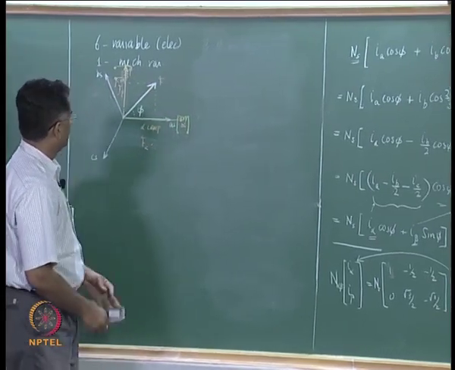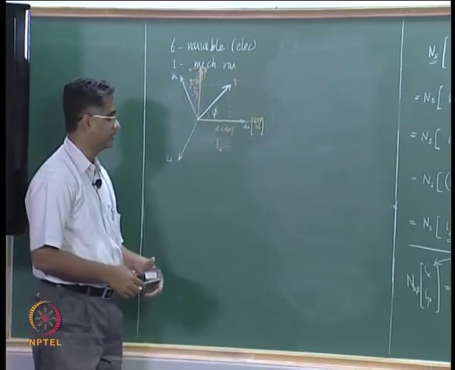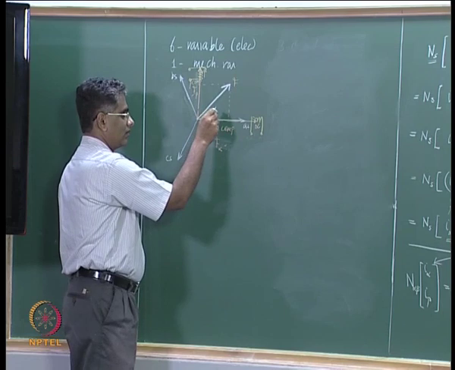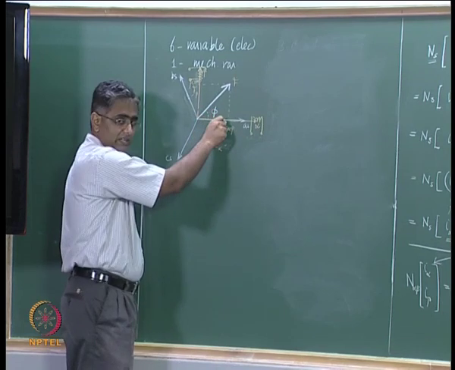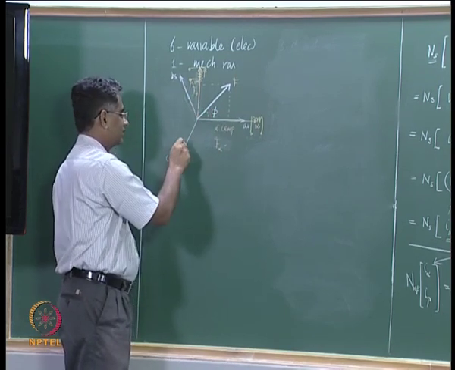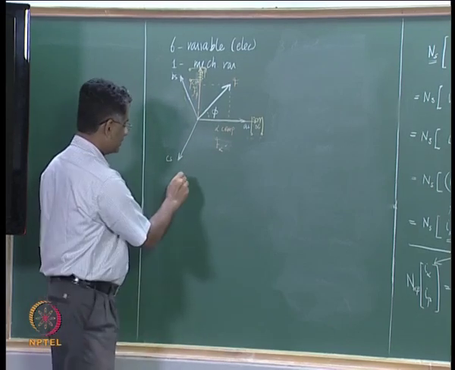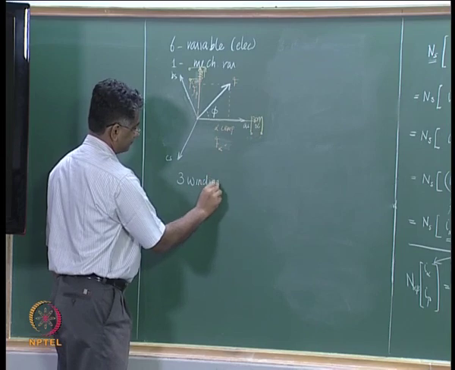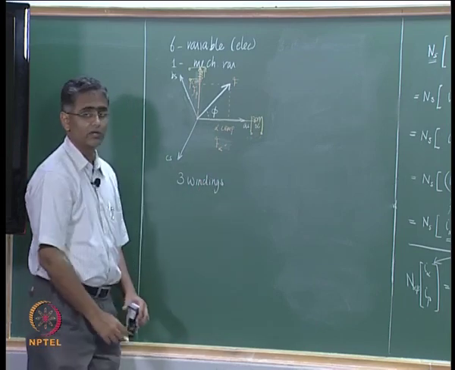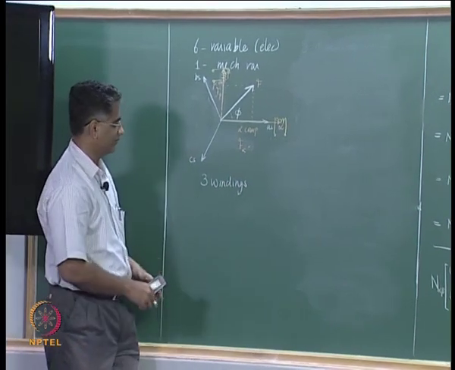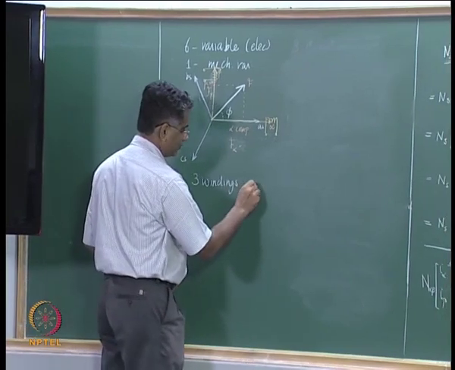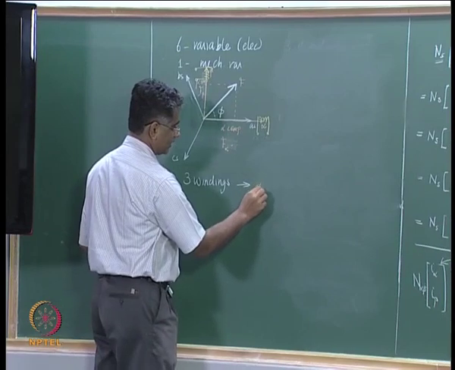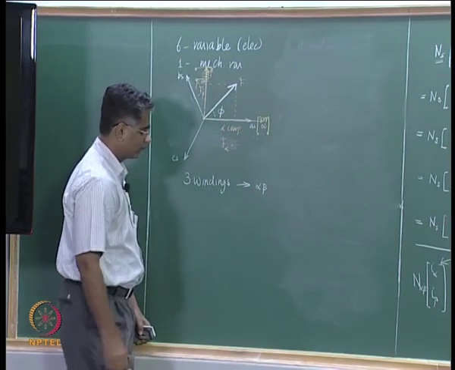We are looking at some sort of equivalence between windings placed on the AS axis, BS axis and CS axis, that means 3 windings which are there originally, and we want to transform this to 2 windings which is alpha and beta.